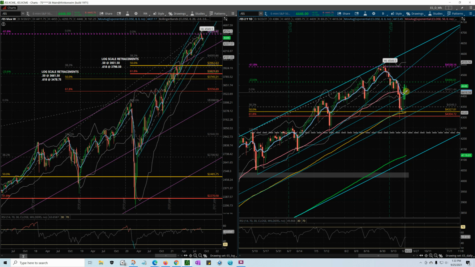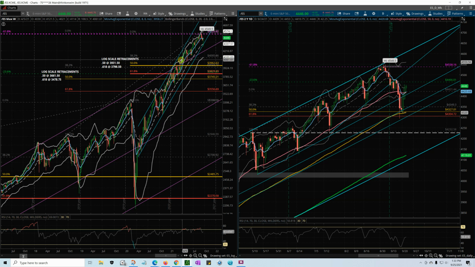And fifth waves go straight up or down in extensions. That's what they do. And so, what this means is if this is another fifth wave, this would be a fifth wave of a fifth wave. The series of weekly extensions that we're still in is possibly unbroken.